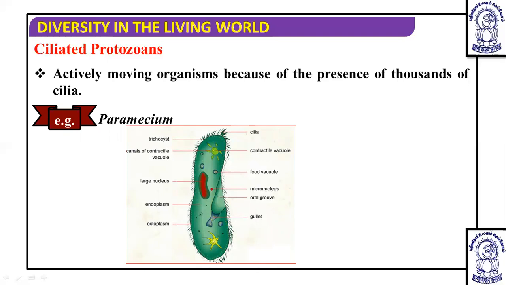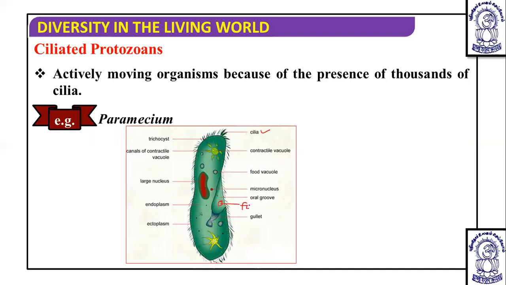Now, what I was saying about where the gullet is present. Dear students, you can see they have thousands of cilia all over the body. Within this, some trichocysts are also present. And you will see this depression. This depression is the oral groove, and through this, the food passes inside.